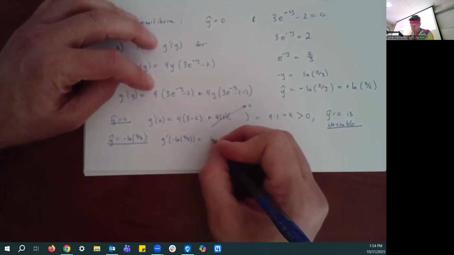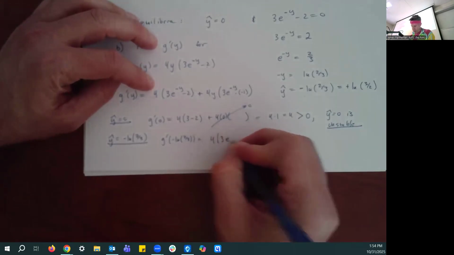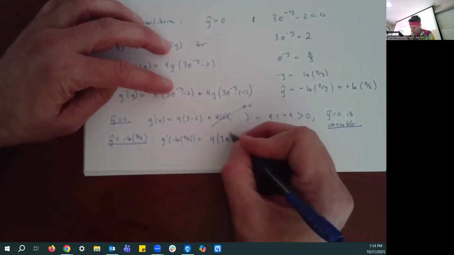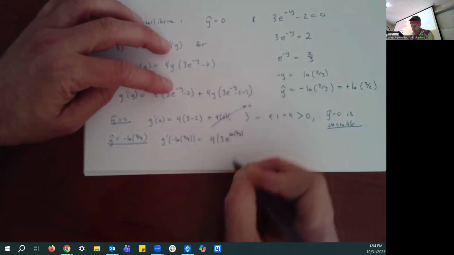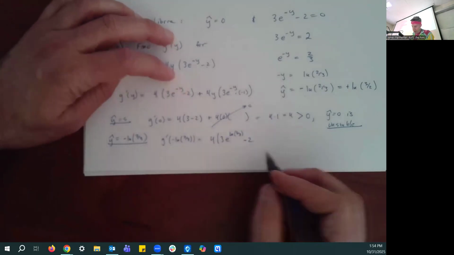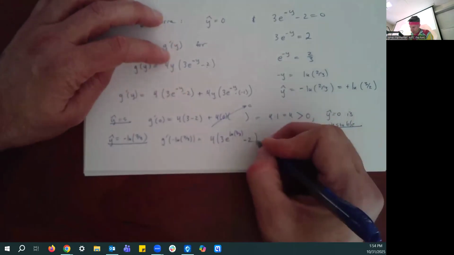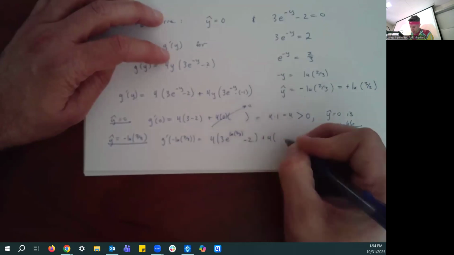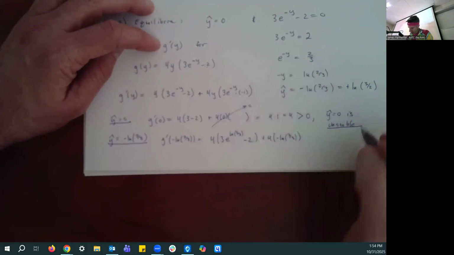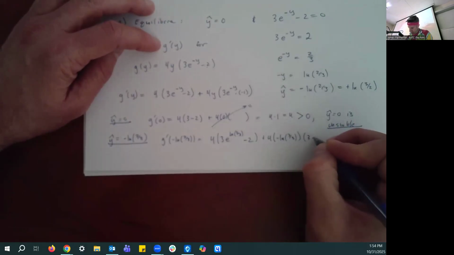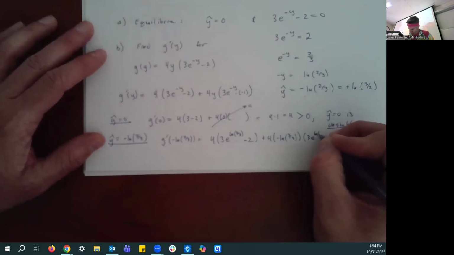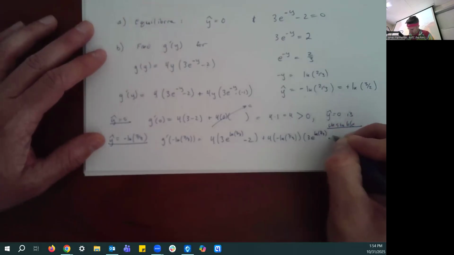I'm going to have 4 times 3e to the negative natural log of 2/3, which is just natural log of 2/3, minus 2. Interesting. And then we'll have plus 4 times negative natural log of 2/3 times 3e to the natural log of 2/3 times negative 1.